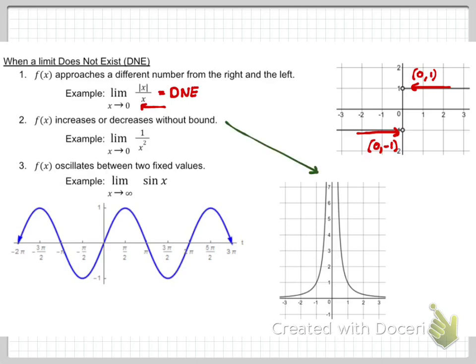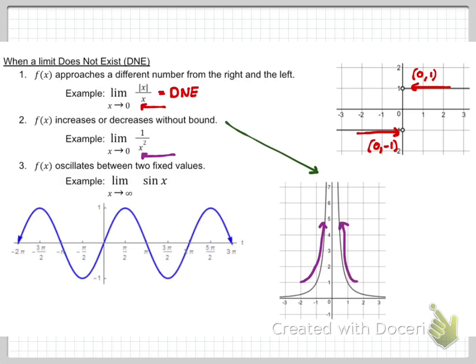This middle one here, this function, is another situation. This is where a function increases or decreases without bound. That means that it keeps increasing and you can't set an upper limit or a lower limit to it. So here in the middle, as we get closer and closer to 0, notice that on the left side, it keeps increasing. On the right side, it keeps increasing.